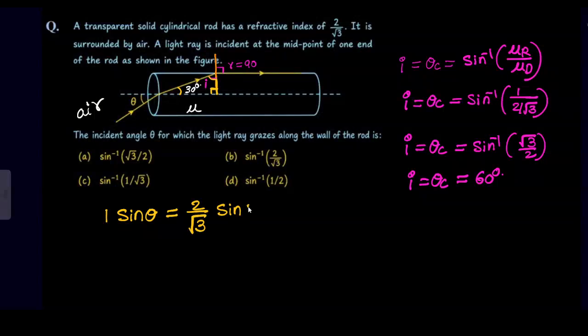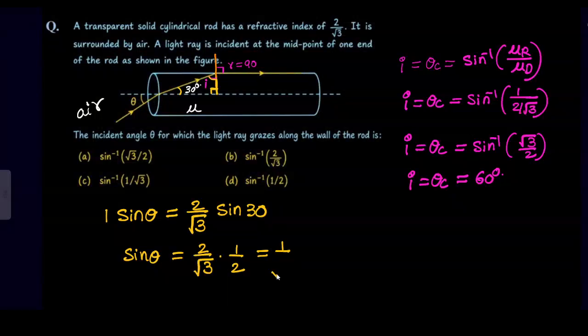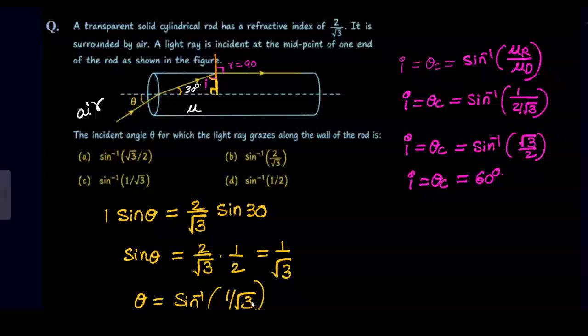So sine theta is equal to 2 by root 3 into 1 by 2. So theta is equal to sine inverse of 1 by root 3.